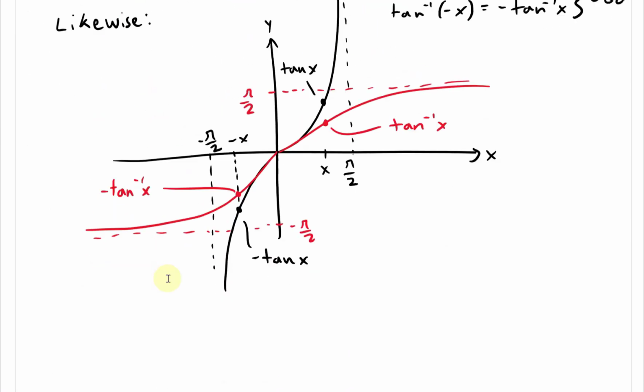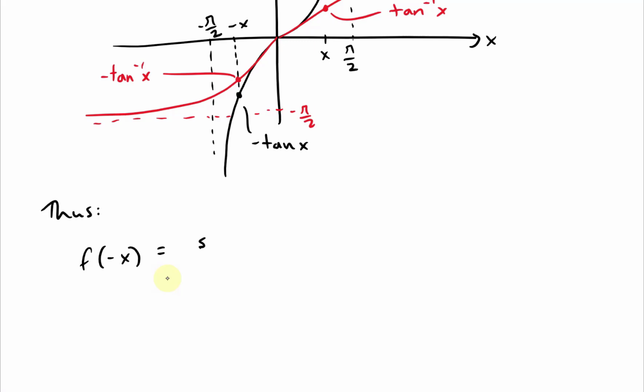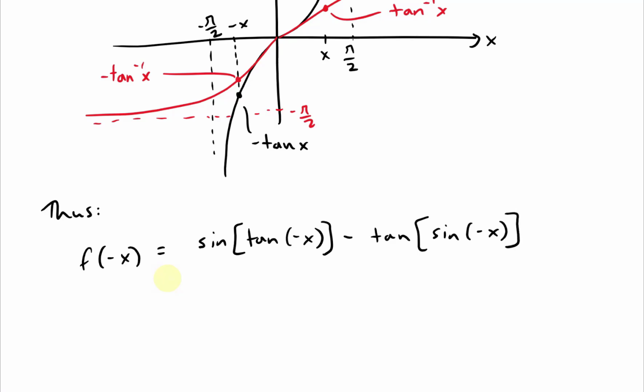So thus, it doesn't matter, just put a thus. We're going to show that f of negative x, we're going to plug that inside. So remember, it's going to be sine of tan of negative x, we'll put another negative like that, and put another bracket. I'll just put a box bracket just to show the difference. Then minus tan of box sine of negative x, like that.